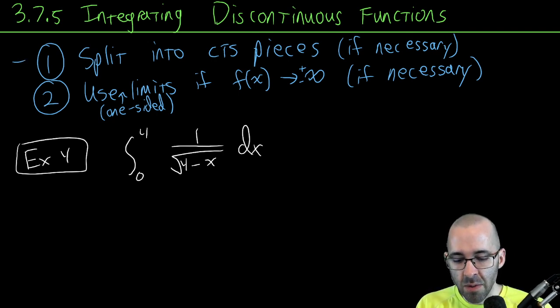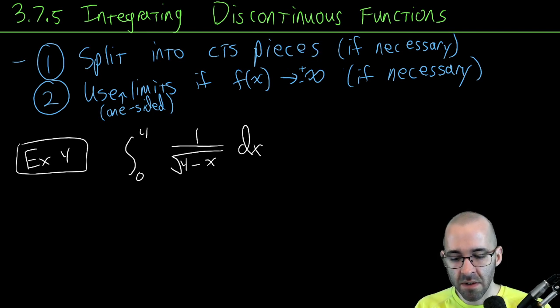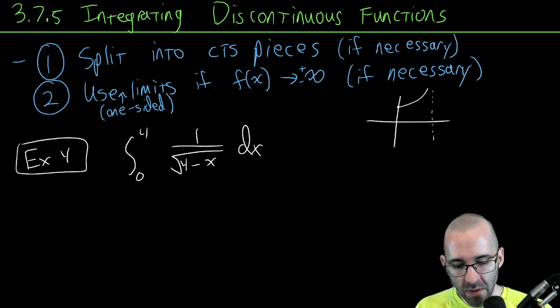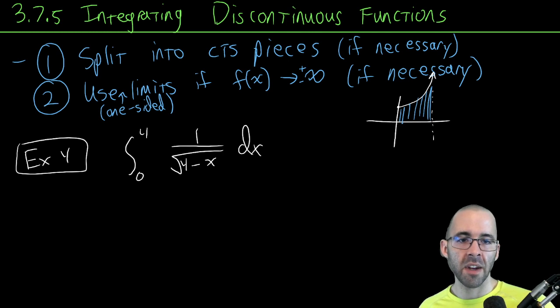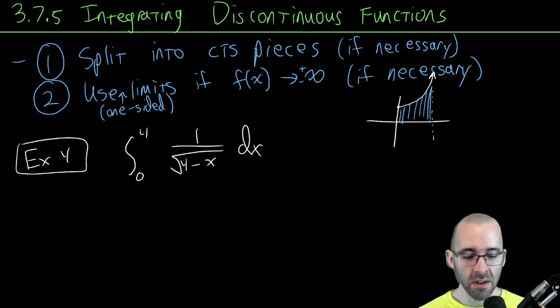But because the function is approaching positive infinity as x approaches 4, and again, graphically what this looks like, an asymptote at 4, and x is 0, and then we shoot off to infinity and we're looking at this blue area. Again, we're going off to infinity, we need a limit. And specifically, we need a one-sided limit because we're only approaching 4 from the left.